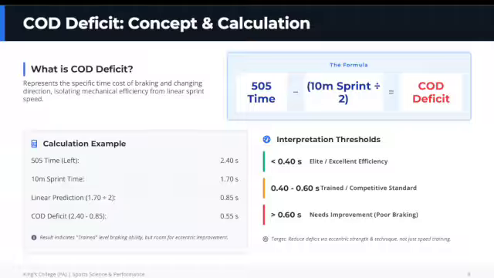The change of direction deficit is 2.40 minus 0.85, that's 0.55 seconds.